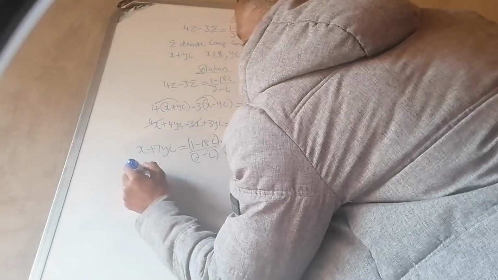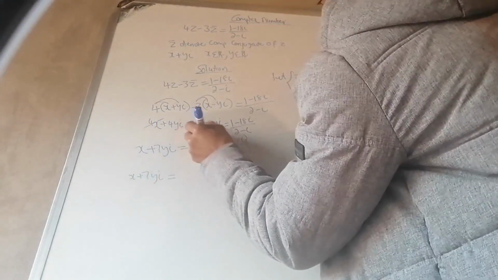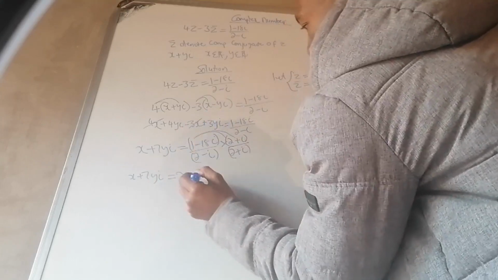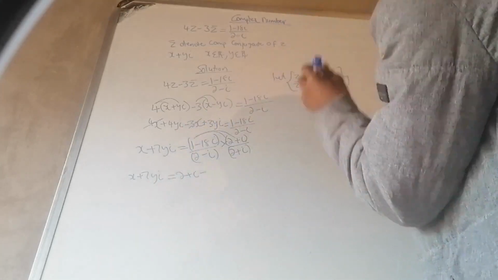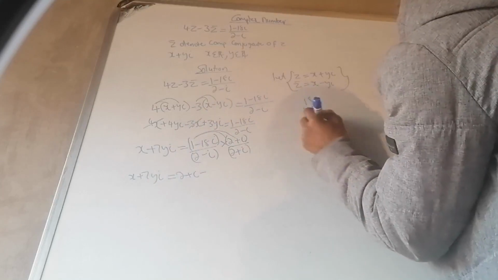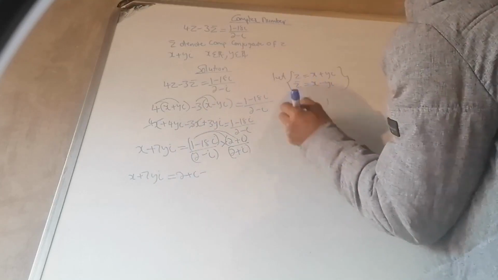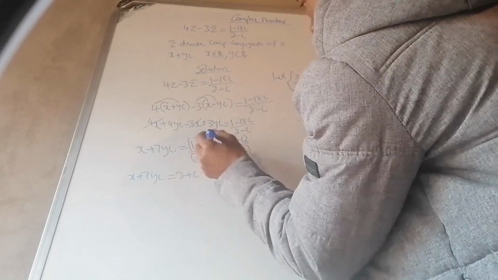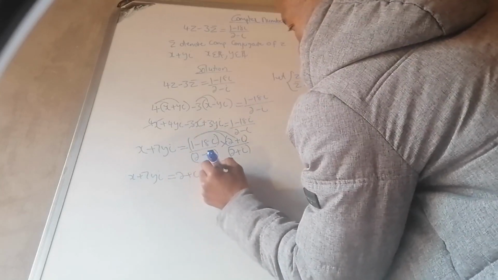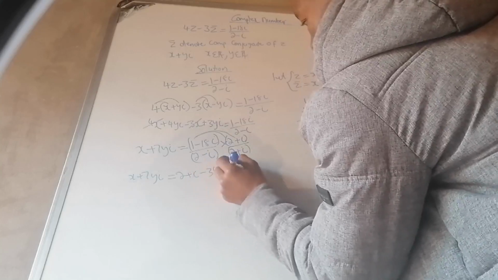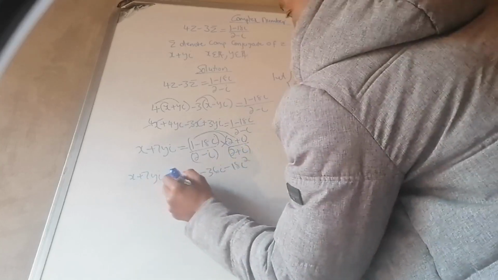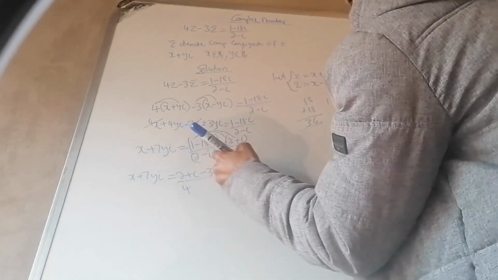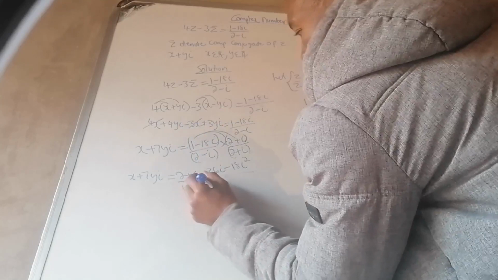So I have x plus 7yi equals, in the numerator, 2 plus i minus 18 times 2, which is minus 36i, minus 18i squared. Divide this, times this is 4, plus 2i minus 2i minus i squared.